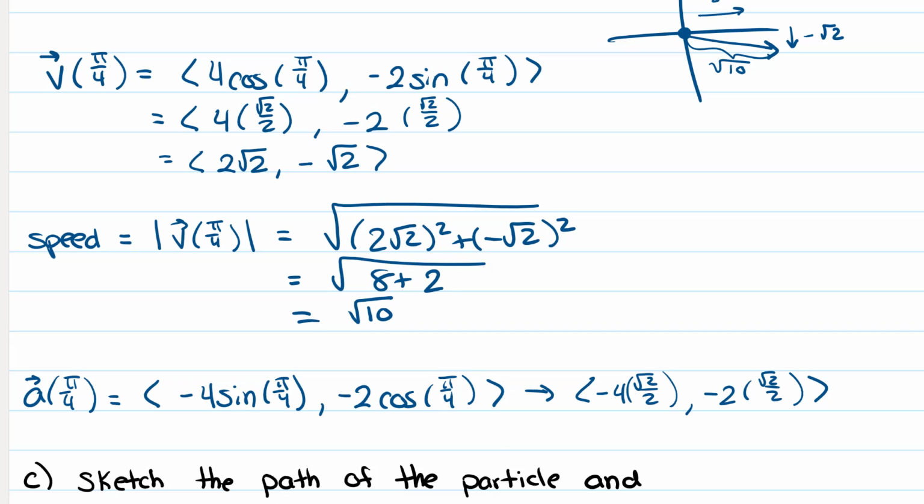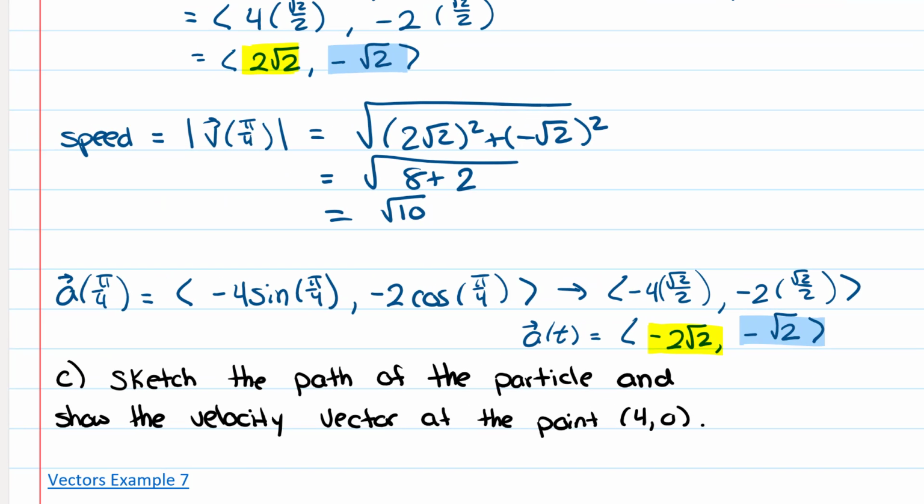So my acceleration vector is simply just negative 2 radical 2, comma negative radical 2. So if I compare my velocity and my acceleration, my particle is slowing down in the x direction, and it's speeding up in the y direction because the signs are the same.